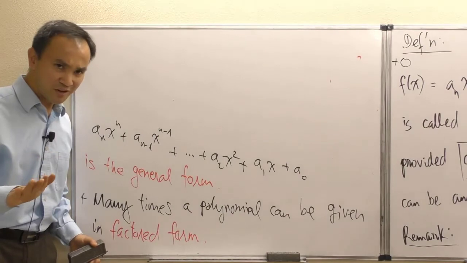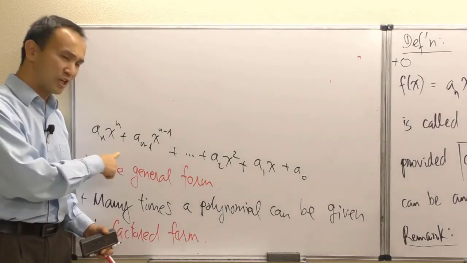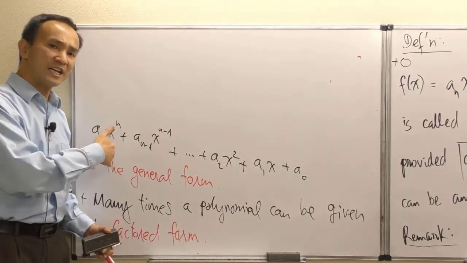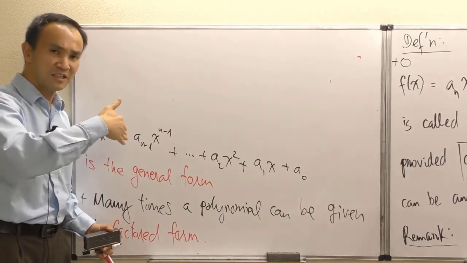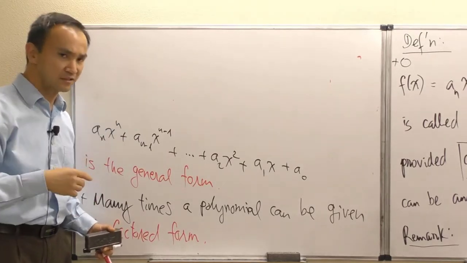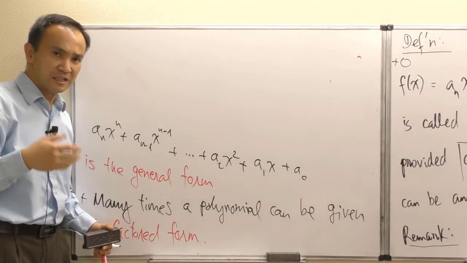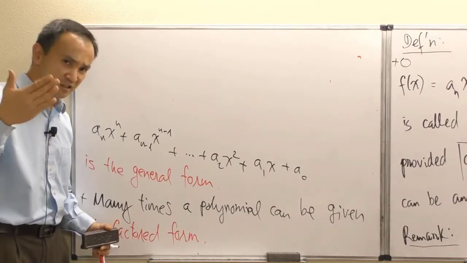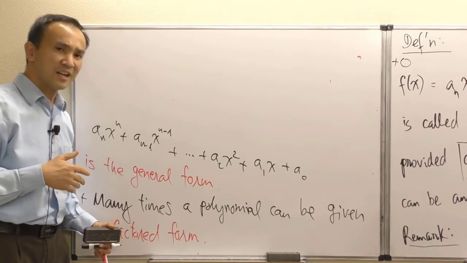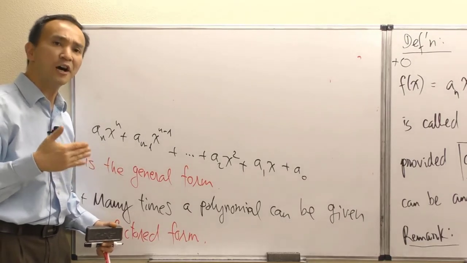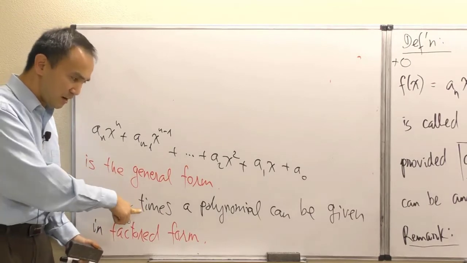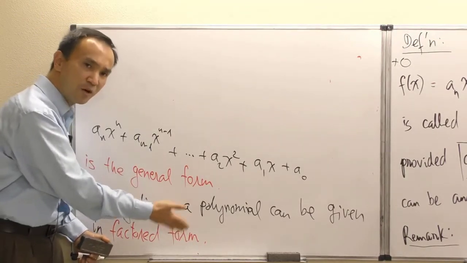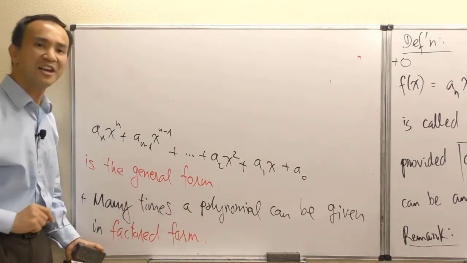I am not going to give a lesson about how to factor, because when the degree goes higher than degree 2, or power 2, then higher than a quadratic generally, it's getting extremely hard to look for a factor form. So all I'm saying is many times we have a polynomial given already in factor form.